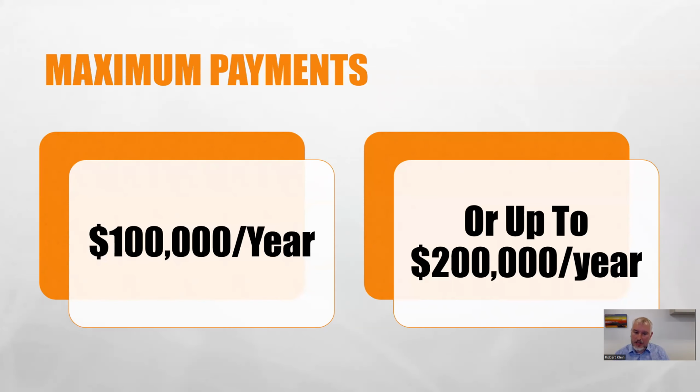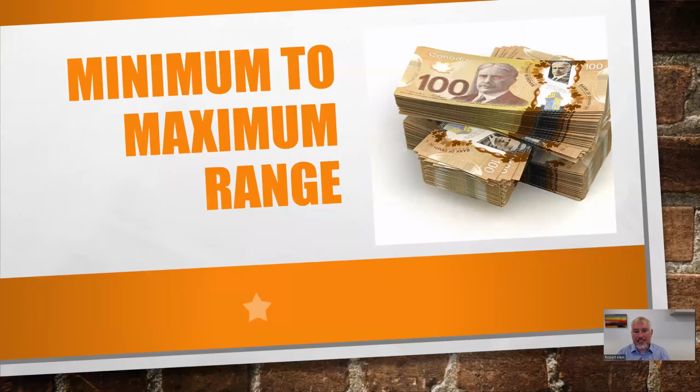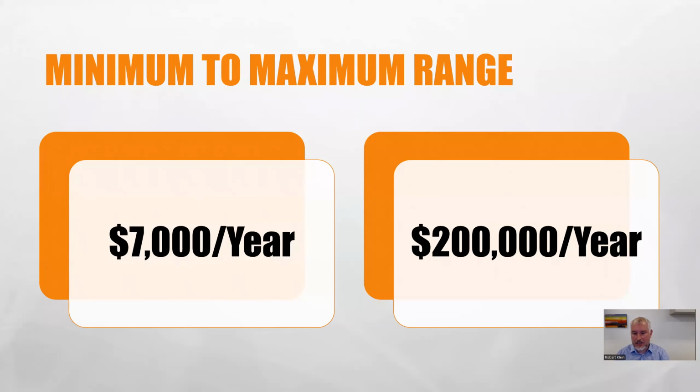But if it was set up in a very specific way, you could have a $200,000 maximum. So if you look at the minimum to maximum range with someone putting $100,000 a year, for the example that I'm personally thinking of, the minimum would be $7,000 a year to over $200,000 a year. So you got massive amounts of flexibility when these contracts are designed in a very optimized way.